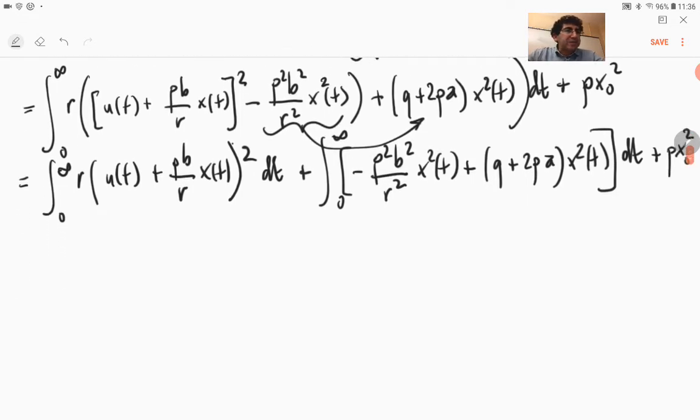Okay, now we see that x square of t is a common factor here.